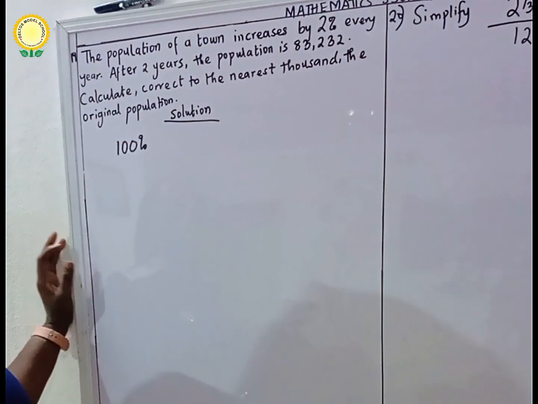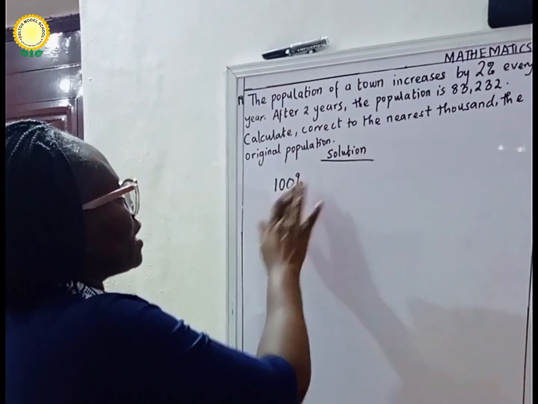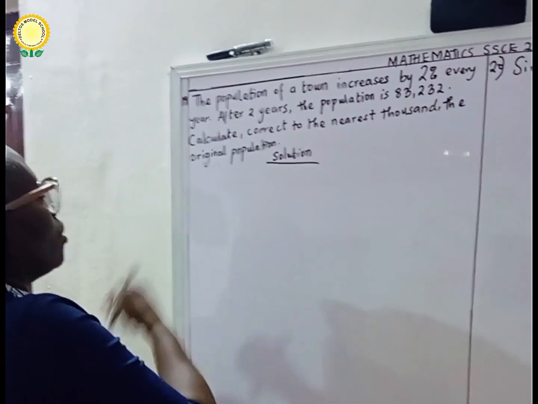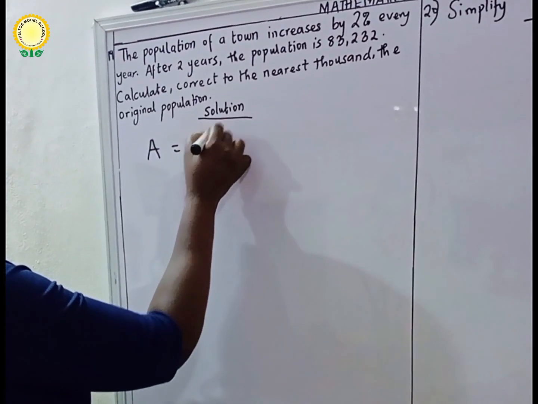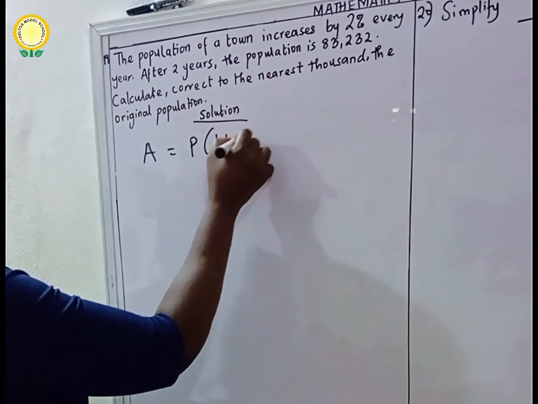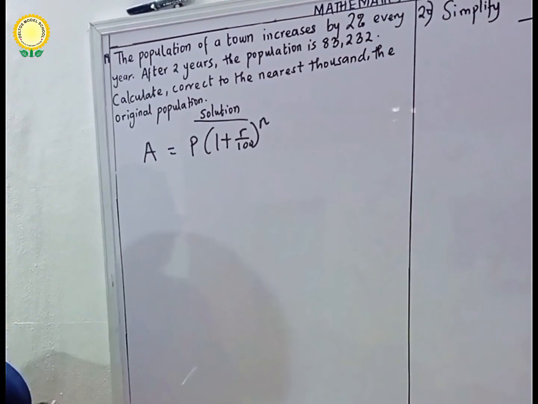100%. By the way, this is exponential growth, and because of that, it applies to all. We can use the formula for compound interest to actually solve this. So let's first of all write the formula. The compound interest formula is A equals P times (1 plus R over 100) raised to the power of n.